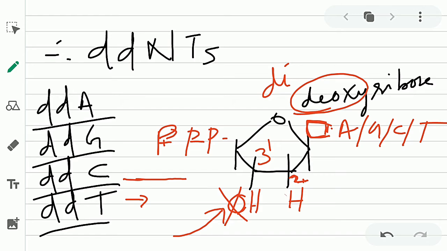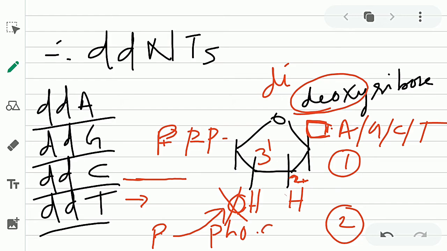That means the phosphate of the next nucleotide forms a phosphodiester bond with this OH group. Now if you remove this oxygen from here, no further phosphodiester bonds are formed on the 3 prime end of this nucleotide.